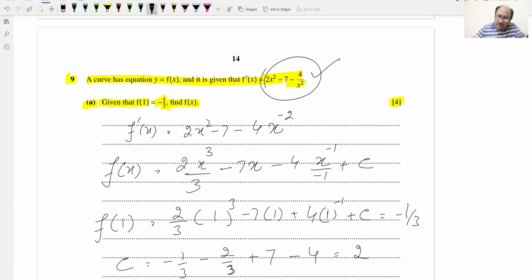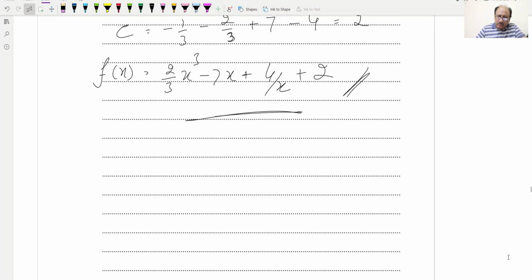We can write d2y over dx squared will be equal to 4x, and this will be minus 0 plus 8 over x cubed.